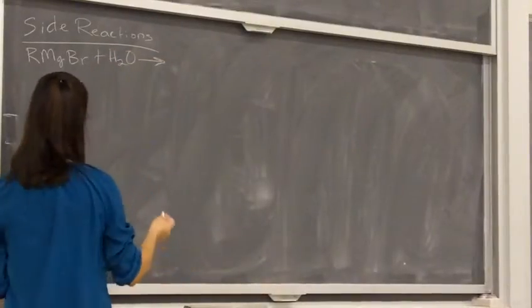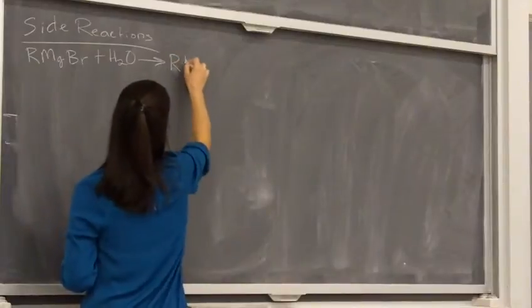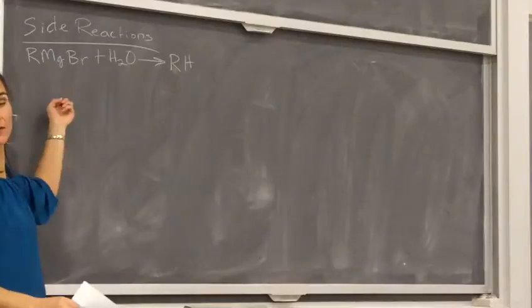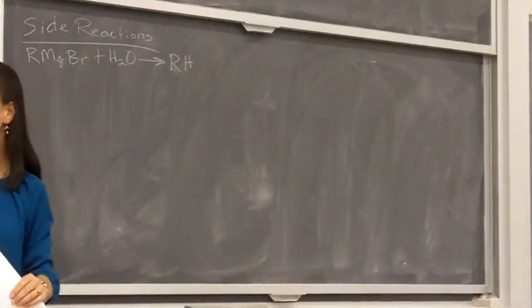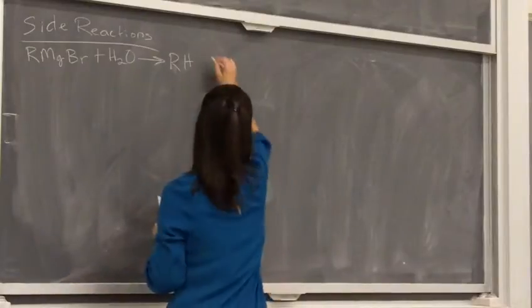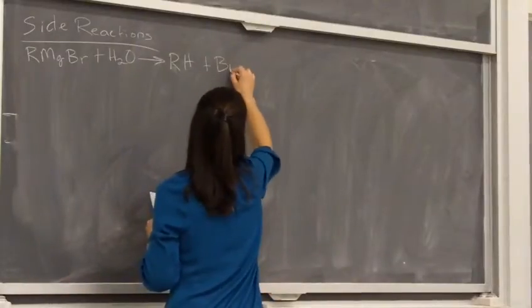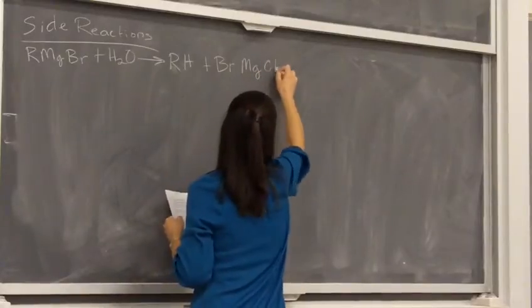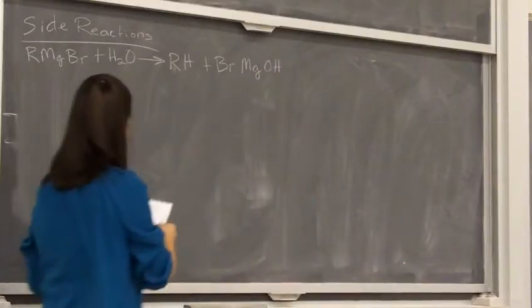So if we react with water, what we get is the alkane, the corresponding alkane from the alkyl bromide. So like in this example, we get butane plus then we get this species here, our bromomagnesium alkoxide.